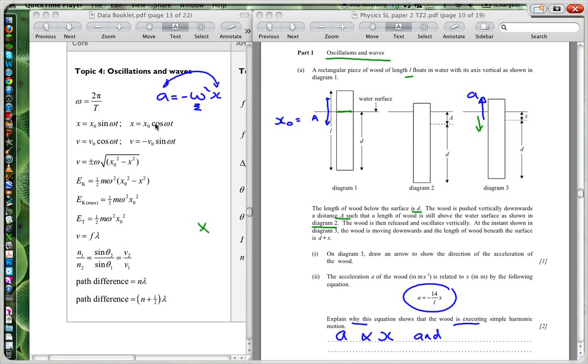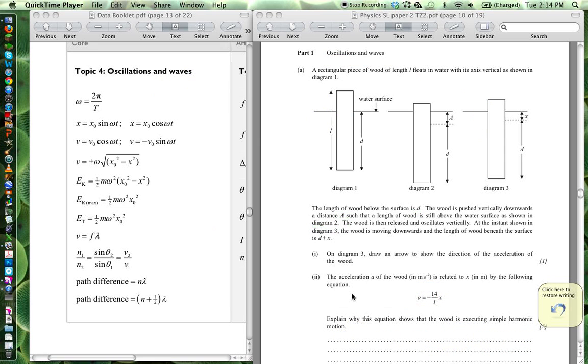And a is in the opposite direction to the x, because you can see here we have this negative sign. Because of this negative sign, it shows that your a is always in the other direction and it's proportional to x.